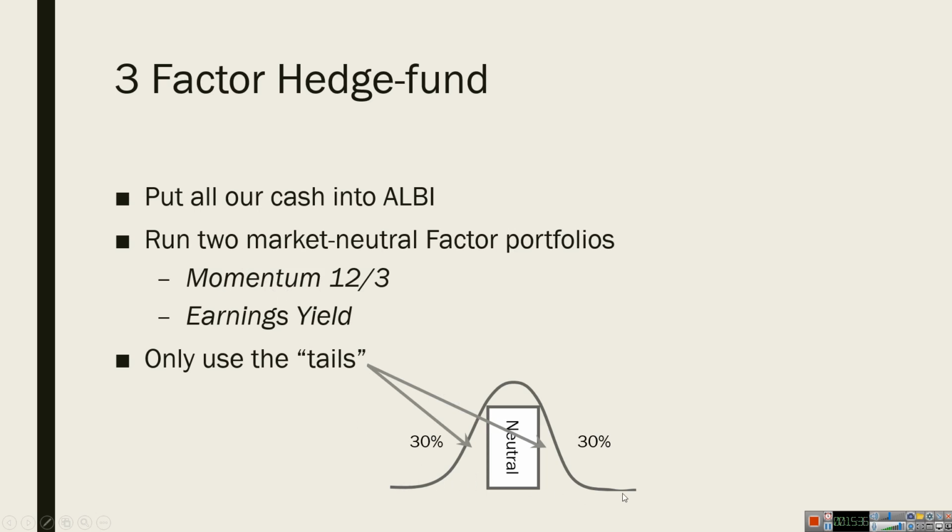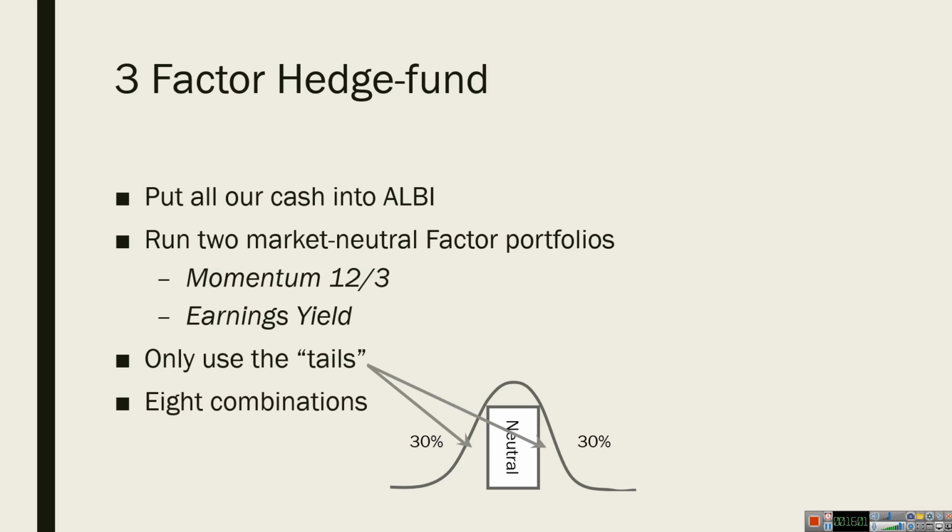We're going to rank everything in terms of very high momentum all the way down to negative momentum over here. The top 30% of shares will go into this tail. Then we're going to leave out 40% in the middle, and we're going to just call that neutral, and we're going to focus on the tail of 30% down here.